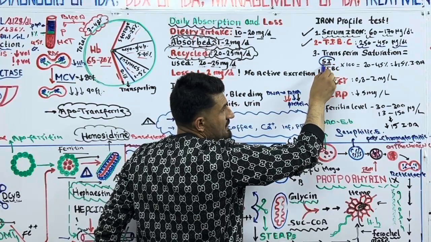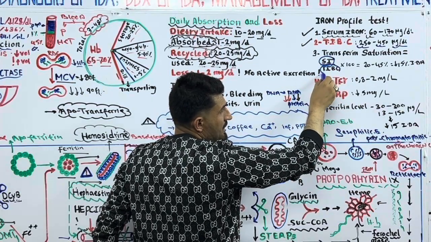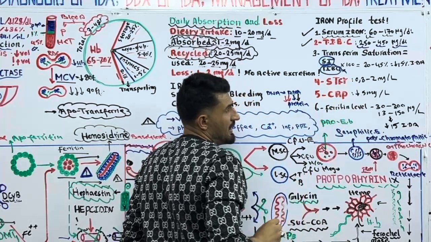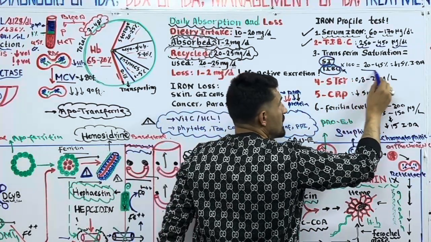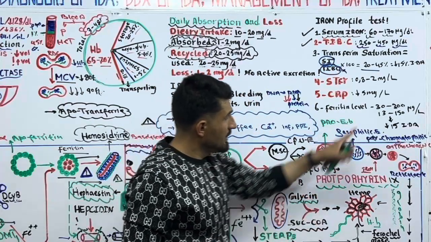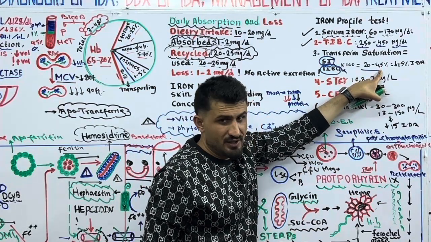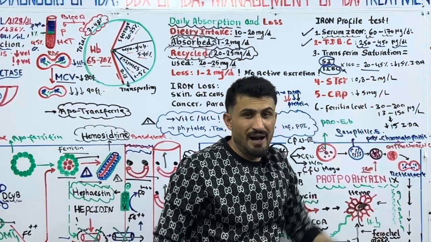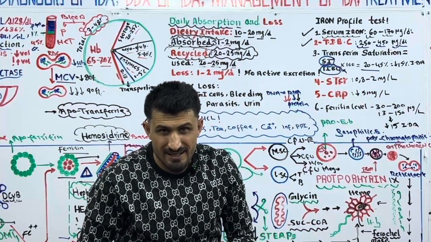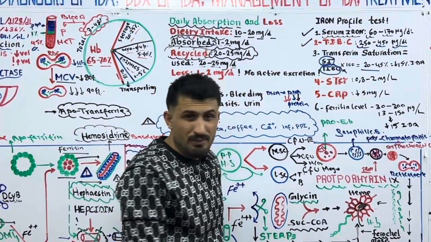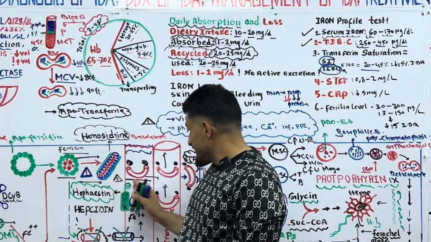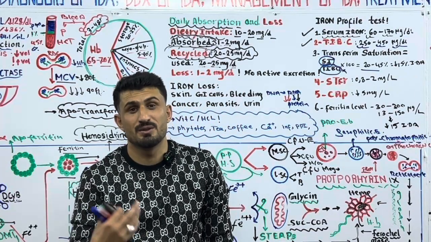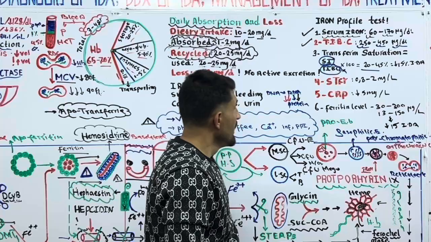We take serum iron, divide it by total iron binding capacity, and multiply it by 100. The normal range would be 20 to 45%. A range below 15 or 16% is defined as iron deficiency anemia. Got it? It means that these receptors are not fully saturated and we don't have much iron.